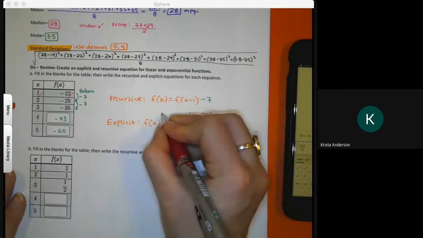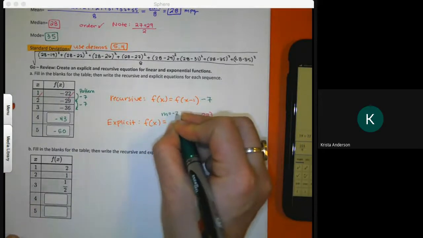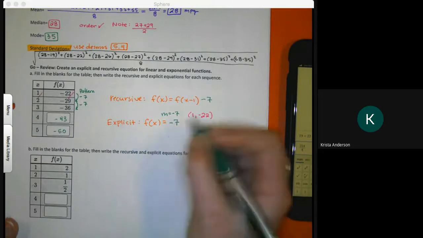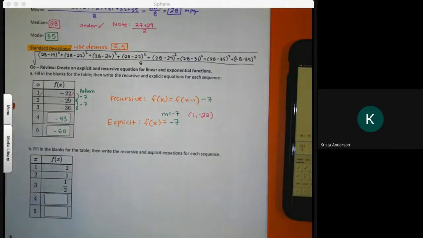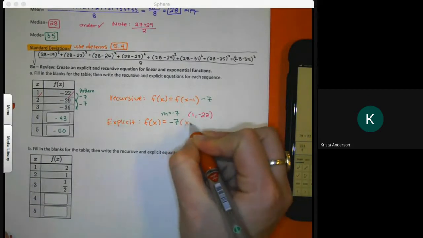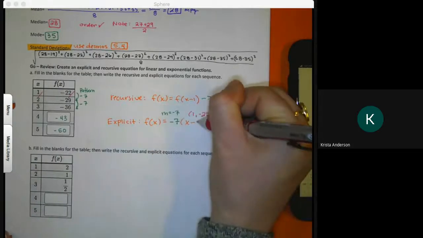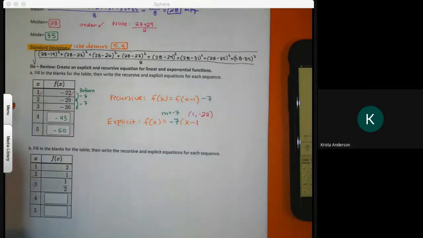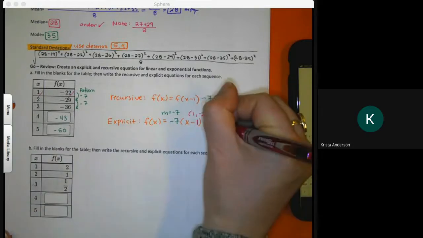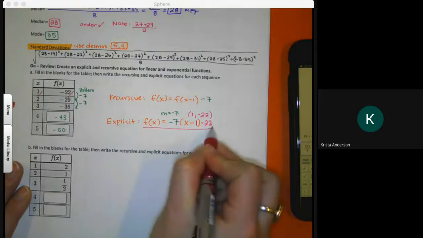And my pattern is -7. So when I place it in, I have my slope. X minus, I place the 1 in. Then I have the minus 22 on the end.